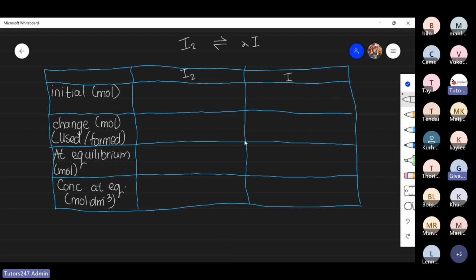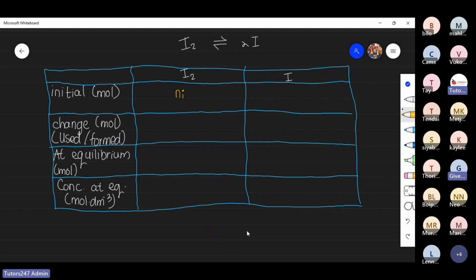Okay. Now, our initial moles, we do not know what that is. That is what we are now trying to calculate. So our initial moles, I'm going to keep it as N initial. That is what I am now calculating. Next, I've got my initial number of atoms.